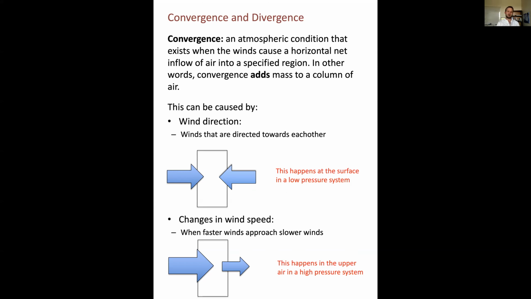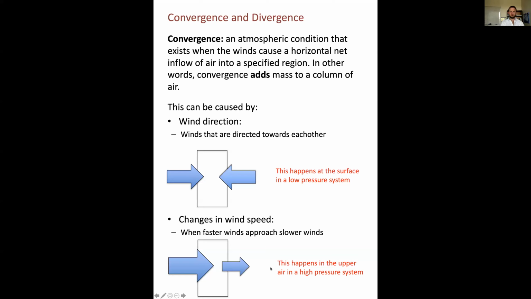And at the same time, changes in wind speed sometimes happen in the upper air around a high pressure system. You don't need to know why this is, but because faster winds approach slower winds, there are changes in wind speeds. There is air piling up above, so in the upper levels around the high pressure system.